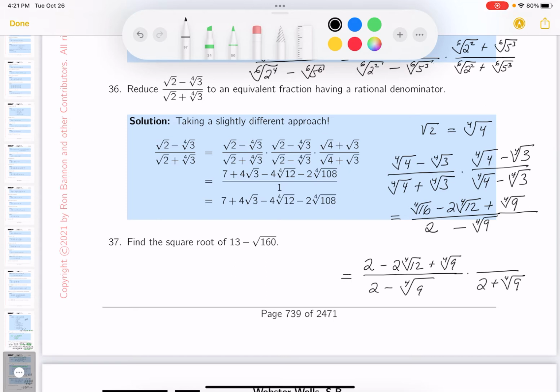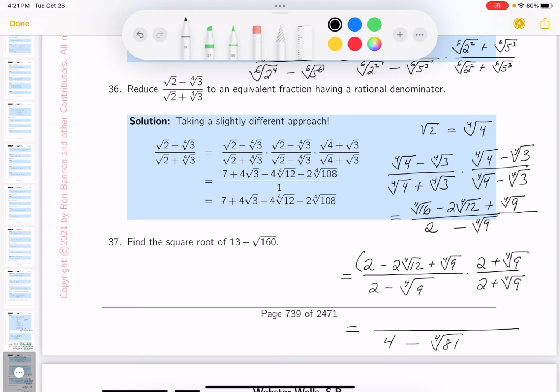I'm sorry, plus. I do that. Several times I've done it already, haven't I? My main interest is doing the bottom. 2 times 2 is 4. The middle terms will disappear. And what do you get? Minus the fourth root of 81.